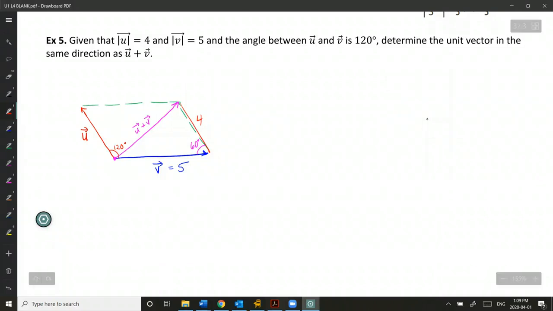So our goal here is to find the magnitude of u plus v. And I have two sides with a contained angle here, so I'm going to use cosine law in order to do that. So we're going to square the two sides, and then subtract 2 times the two sides times the cos of the contained angle.